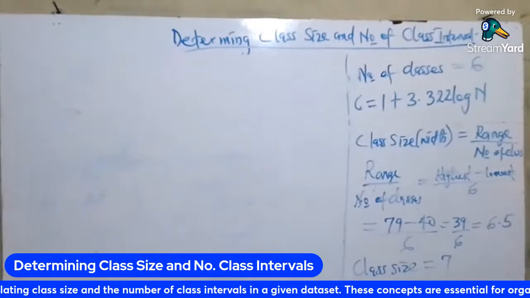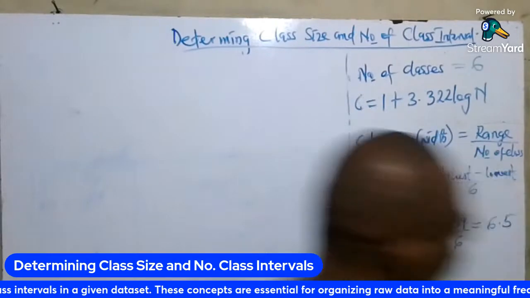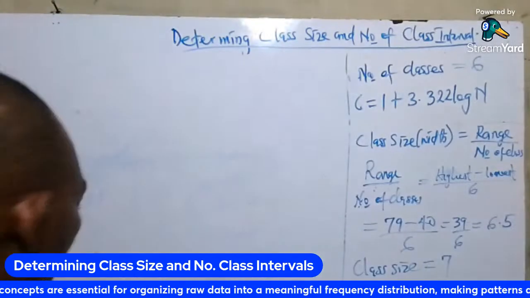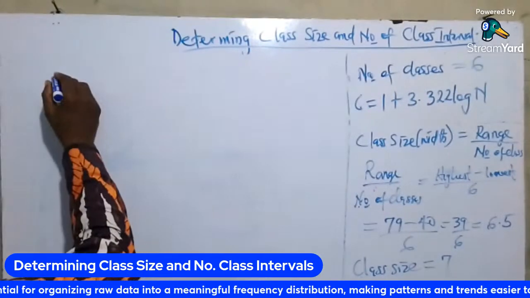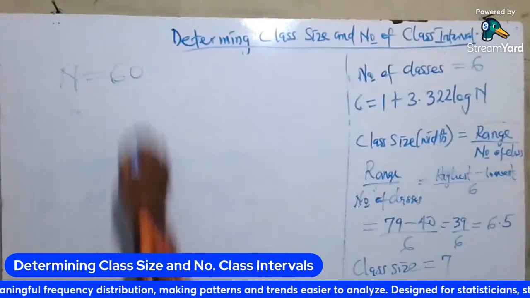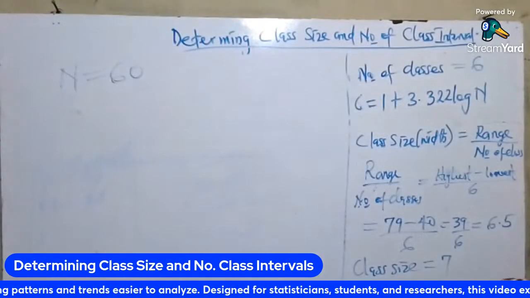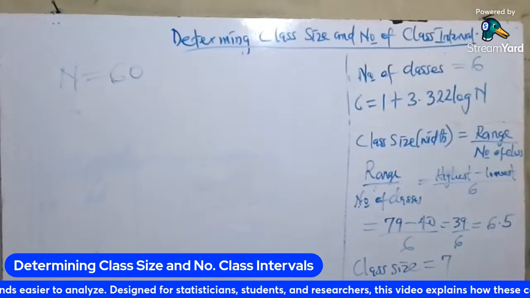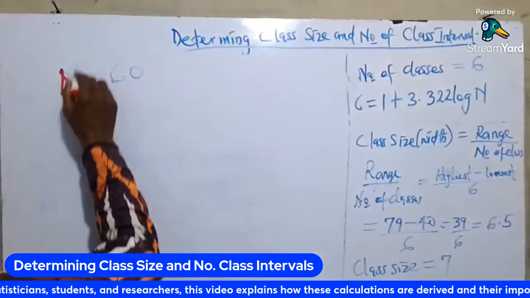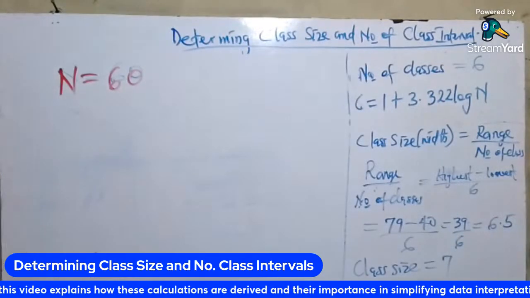Now, let us assume again that you are given a set of data where n is equal to 60. Let me take red now. So this is a question. The n is equal to 60.